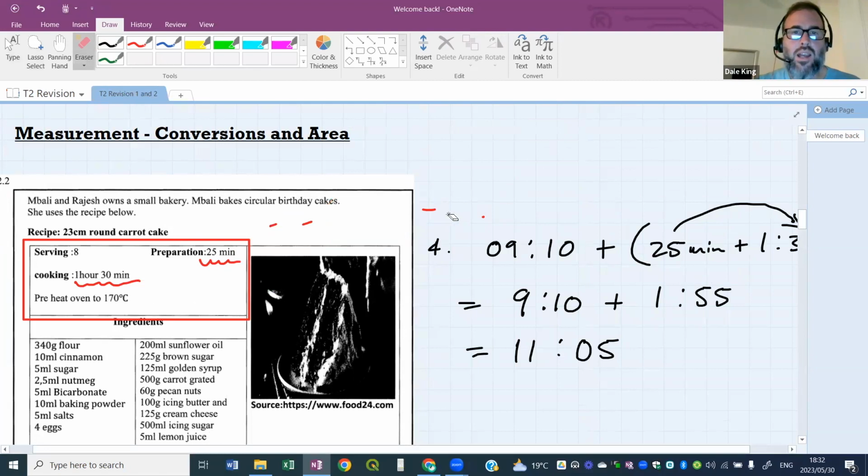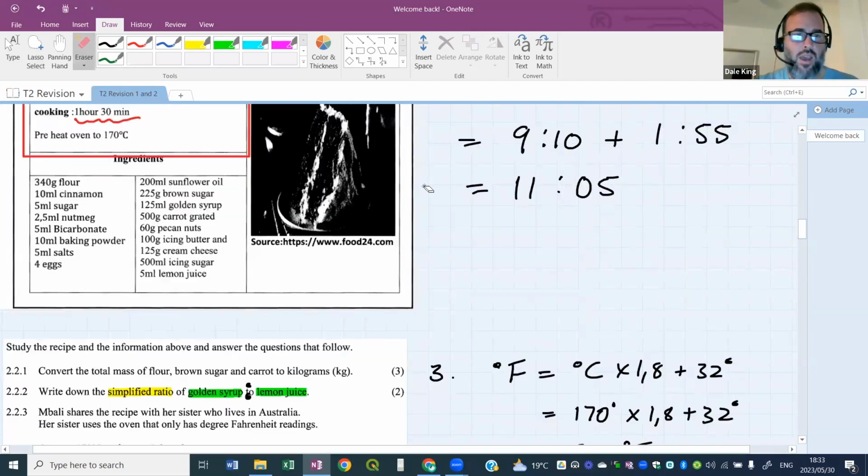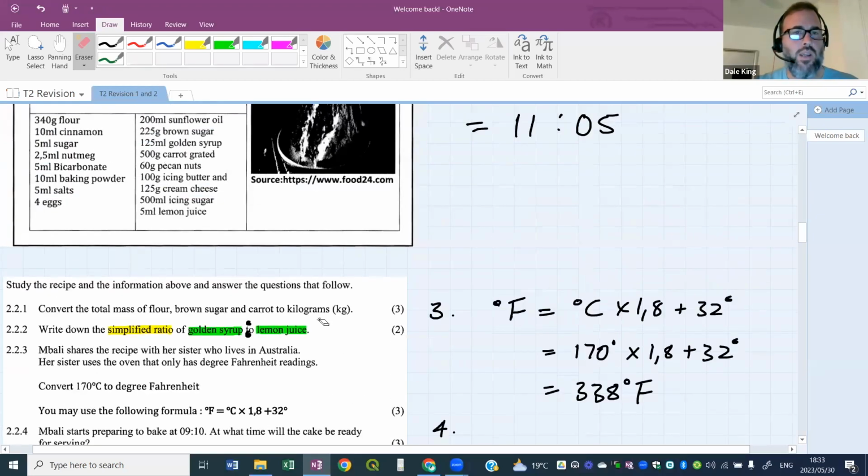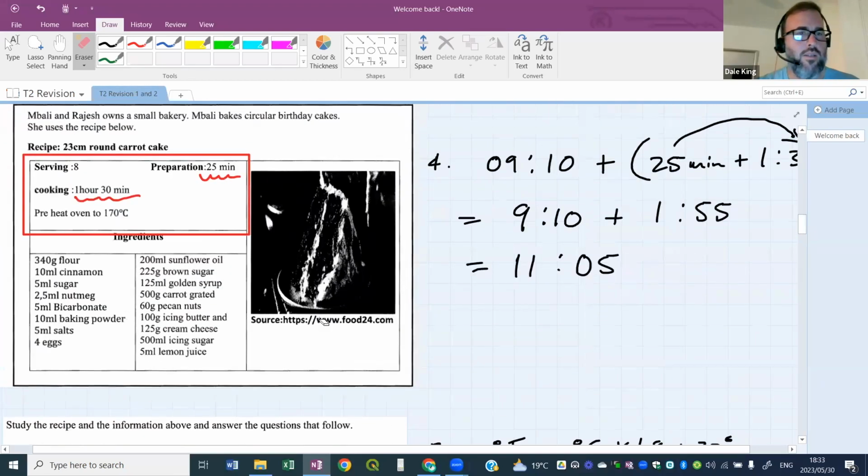All right, now they used 5 dozen eggs to make their cakes. It says here, they used 5 dozen eggs to make their cakes. Determine the maximum number of cakes that she could bake. All right, where's the information about the eggs? Yeah, here it is at the bottom.